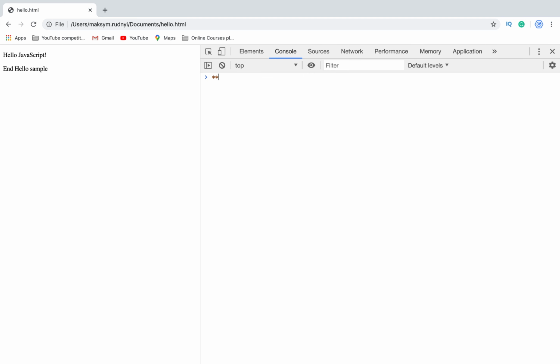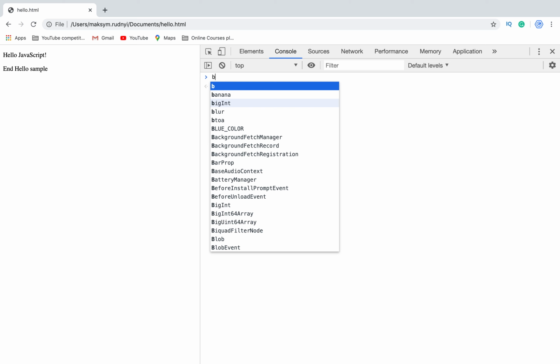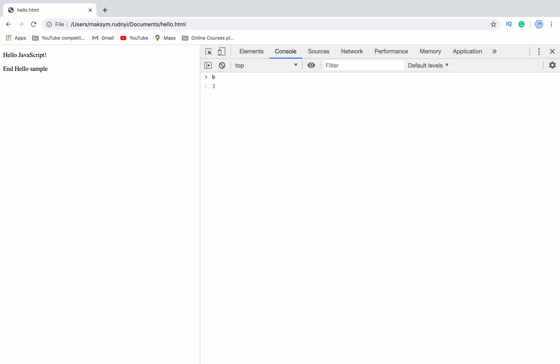It's 2 asterisks. The exponential operator is a recent addition to the language. If we have variable b exponential to a, for example, it will be the result of multiplying b by itself a times. How does it look? 2 exponential 2, we have 4, because it means that 2 is multiplied 2 times.